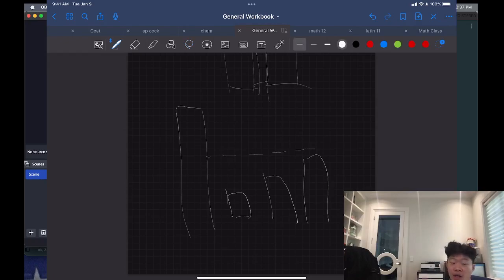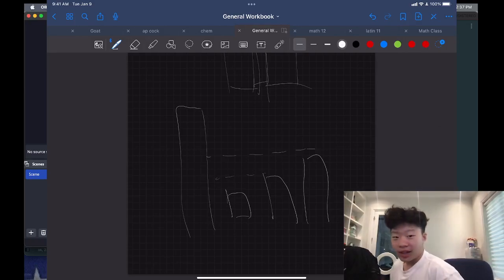The water line. Dude, it's the fucking water line.